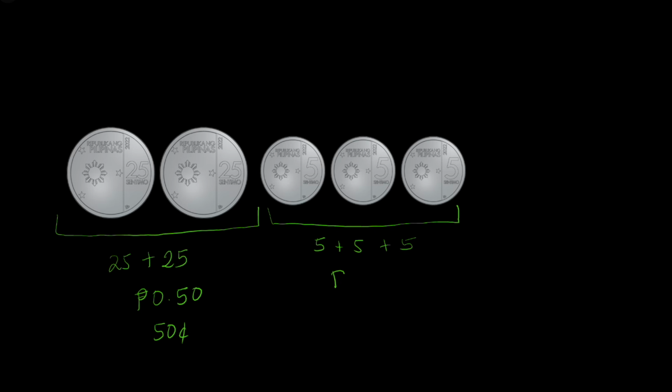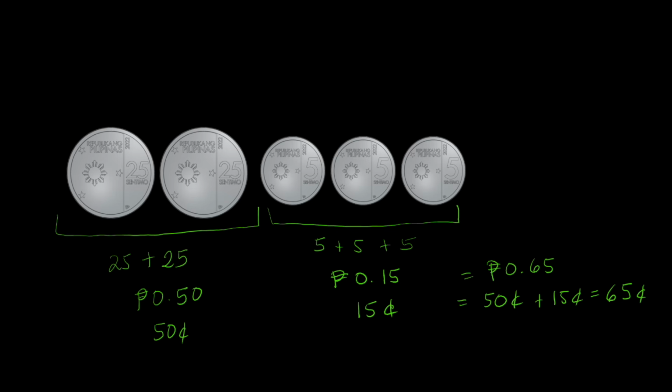That would be 15 centavos. So we can write 50 centavos plus 15 centavos is equal to 65 centavos. Or in peso, that would be 0.65, read as 65 centavos.